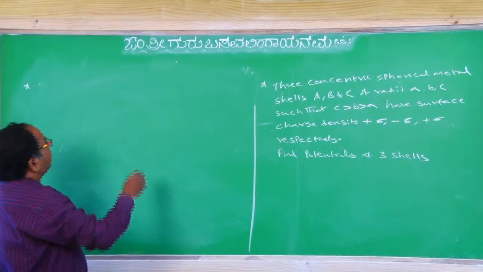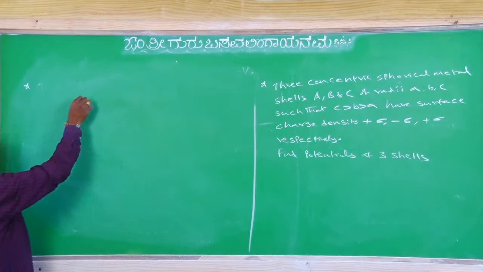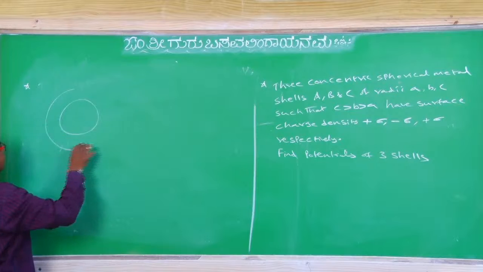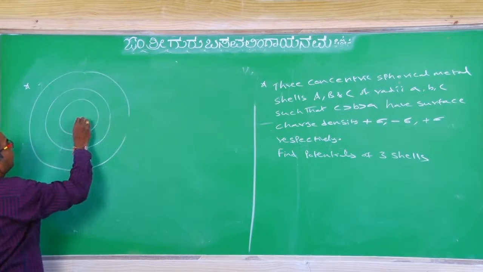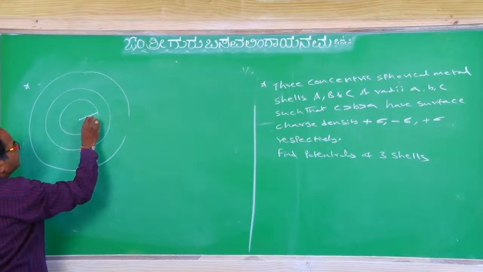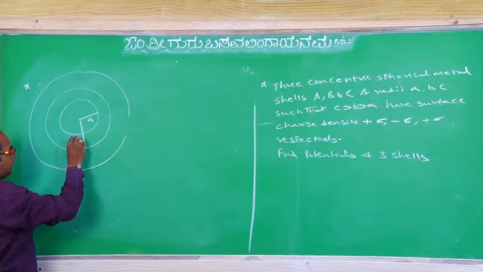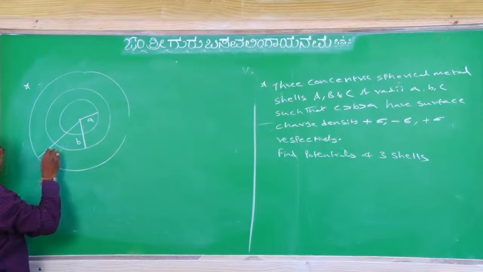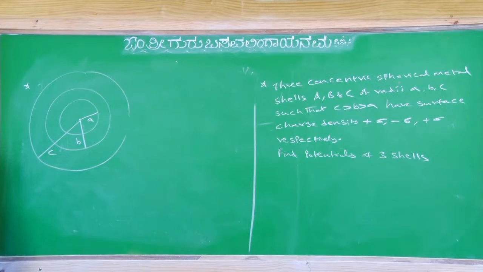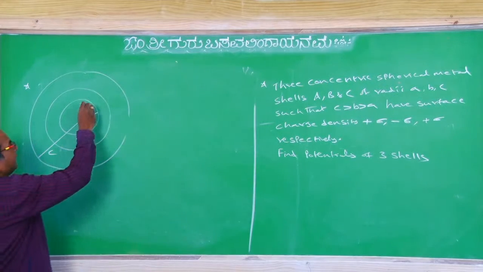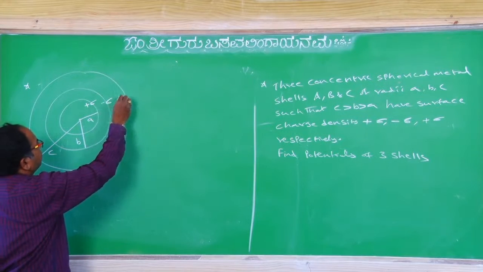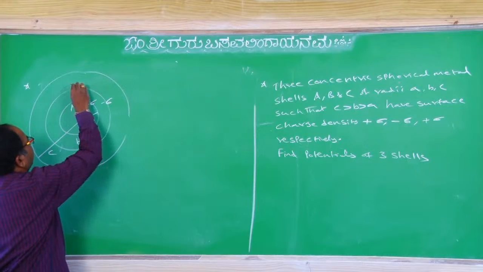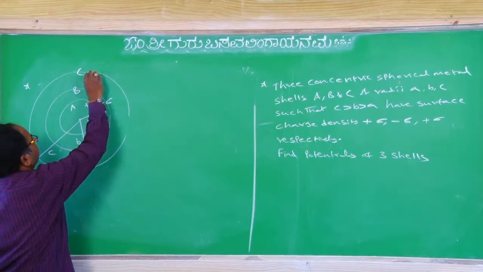Okay. This is one shell, this is another shell, and this is another shell. Here this radius is a, this radius is b, and this radius is c. Here at a, the surface charge density is plus sigma, here minus sigma, and here plus sigma.